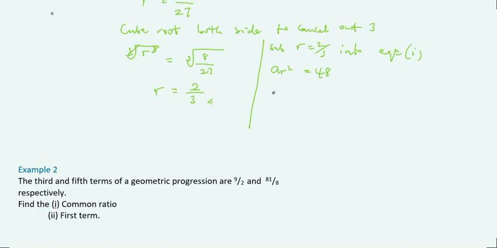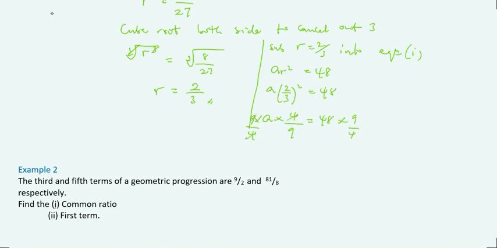Our r is equal to 2 over 3. So you have a times 2 over 3 square equals 48. So we have a times 2 square is 4, 3 square is 9, equals 48. In order to cancel this 4 over 9, multiply this one by 9 over 4, the reciprocal of 4 over 9.